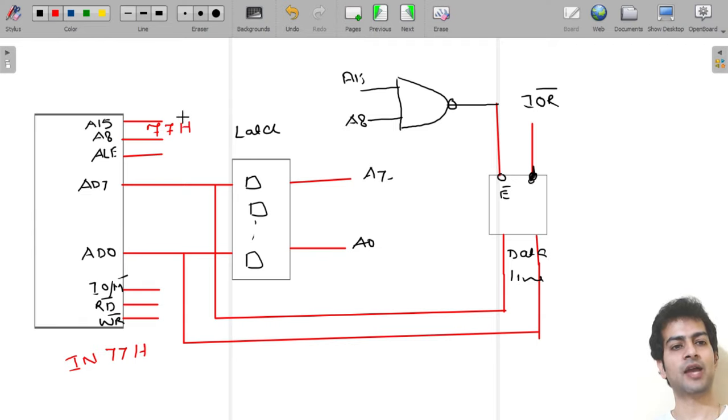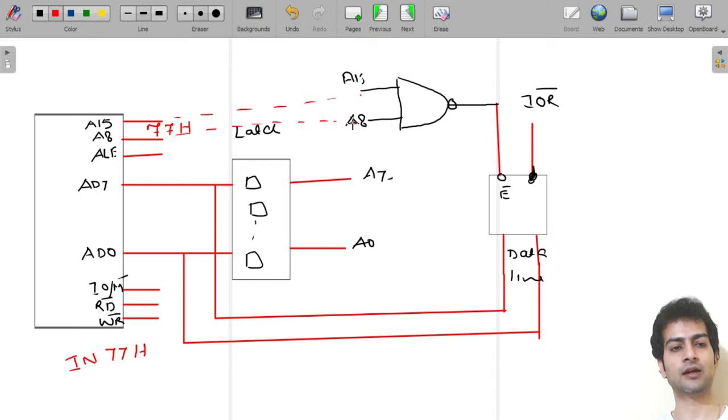That is, we have an option that by connecting this higher order address line with this NAND gate, we can achieve the result which we were achieving by connecting the lower order address line to this NAND gate.